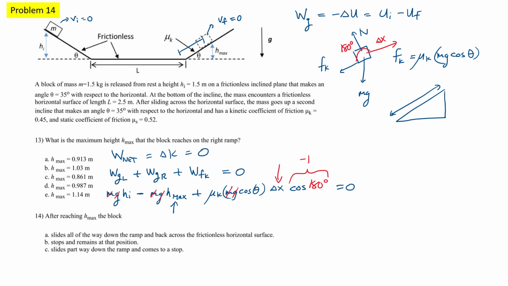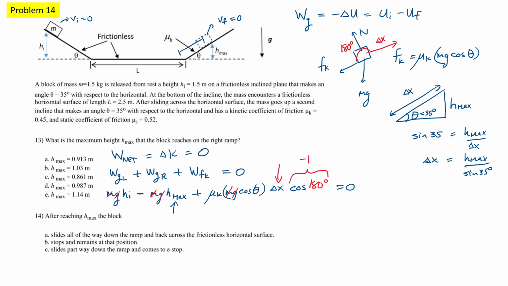This here is the angle theta of the ramp, that's 35 degrees. That distance that I'm going to slide up the ramp is related to this maximum height right here, right? If you use, for example, sine of 35 degrees, I know that is h max divided by delta x. So delta x is h max over sine of 35 degrees.